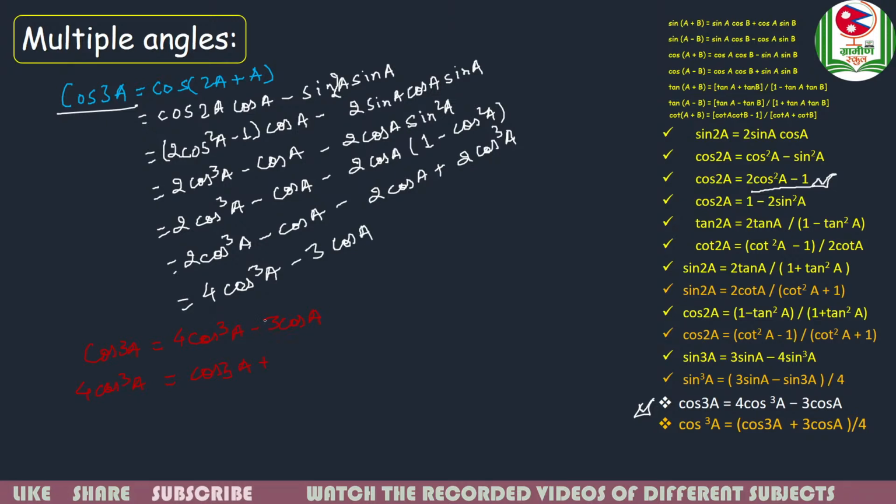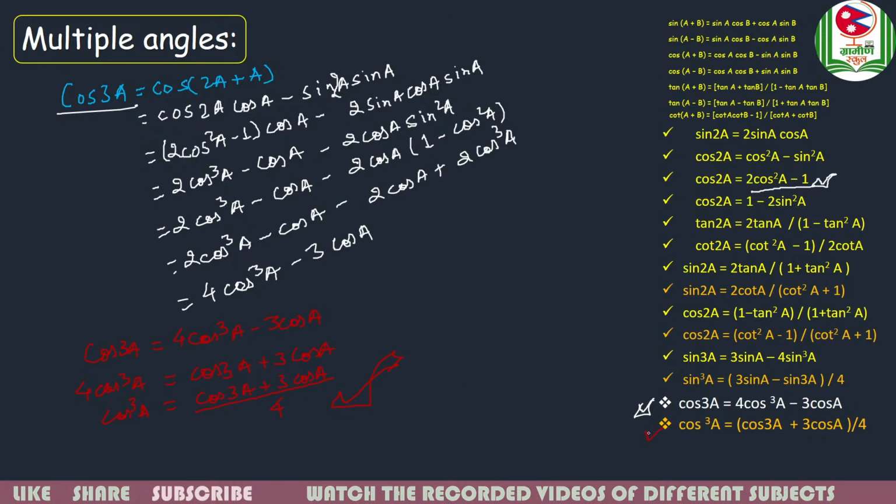You change the side of this minus and put the 3 cos a on the same side, so it is going to be cos 3a plus 3 cos a, and then cos cube a is going to be cos 3a plus 3 cos a, and whole divided by 4. So again here cos cube a equals cos 3a plus 3 cos a upon 4. So we have also obtained this result.